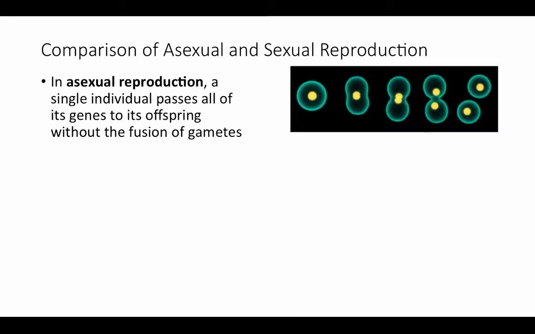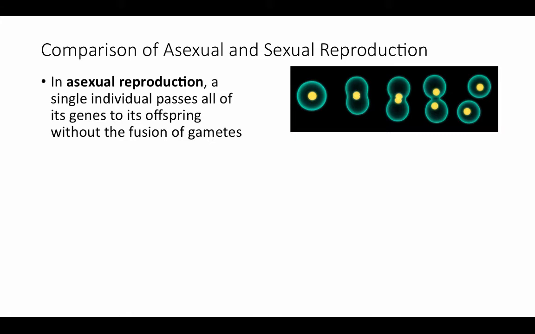So in asexual reproduction, a single individual passes all of its genes to its offspring without the fusion of gametes. So this is basically going to happen by mitosis, producing an entire individual from one of the cells of its parents. So the full genome of the parents is passed on directly to its offspring.